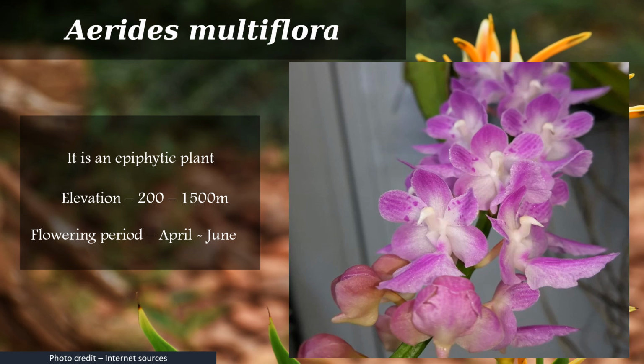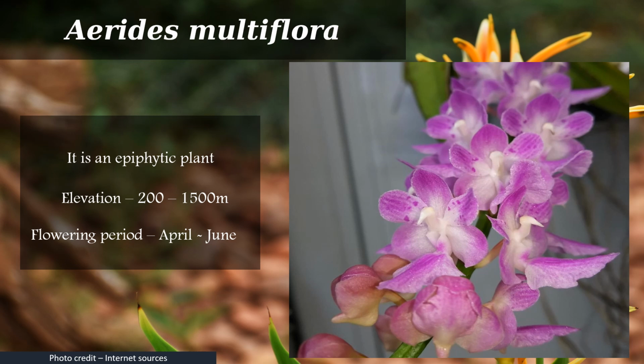You have to look closely to get to know how Aerides multiflora is different from Rhynchostylus retusa. From a distance you will see, oh yes, it is pink in color, so it does look like Rhynchostylus retusa, but it doesn't, because Aerides multiflora is very much different. Sometimes it gets mistaken because in many parts of India we see that the flowering pattern of Aerides multiflora and Rhynchostylus retusa is somewhat similar to one another.